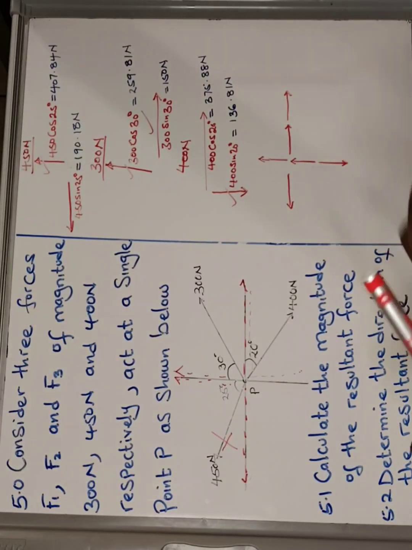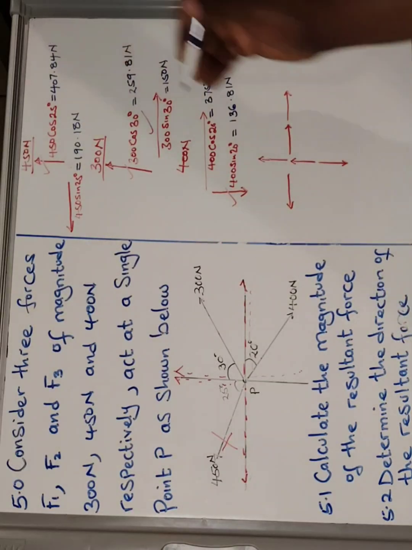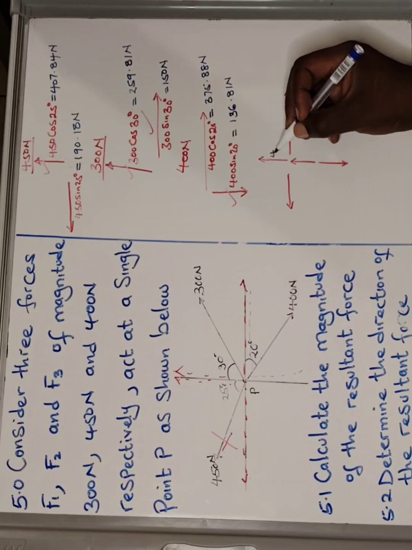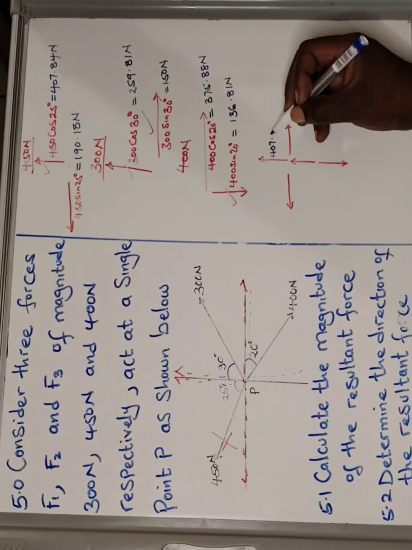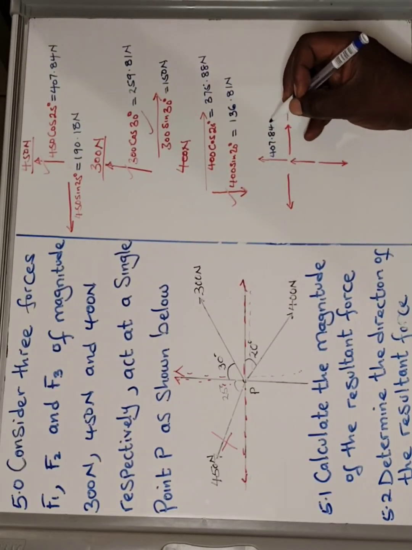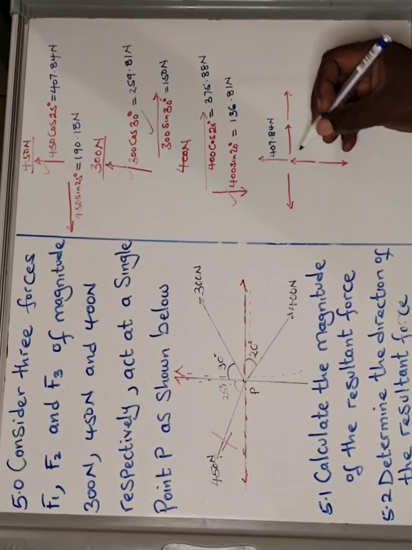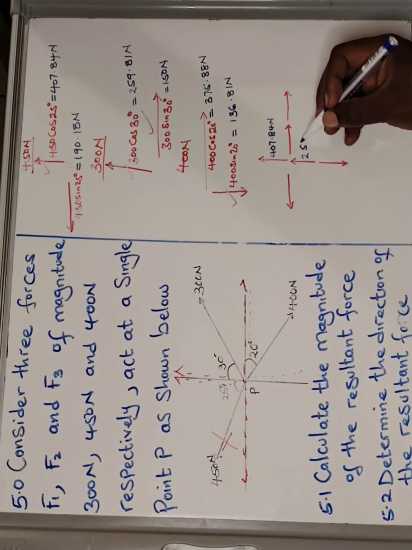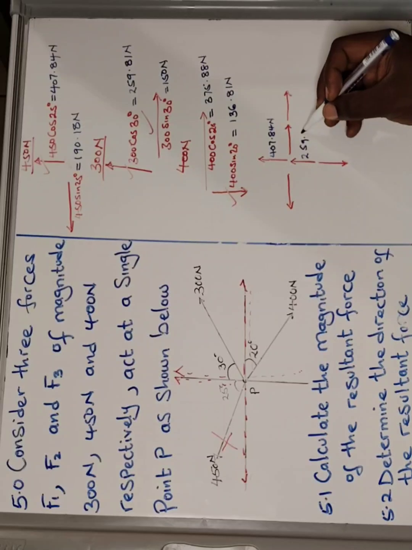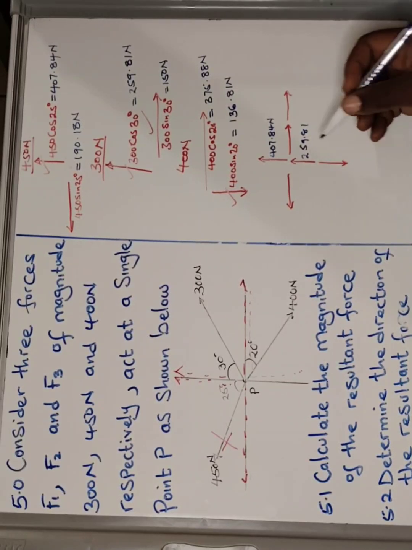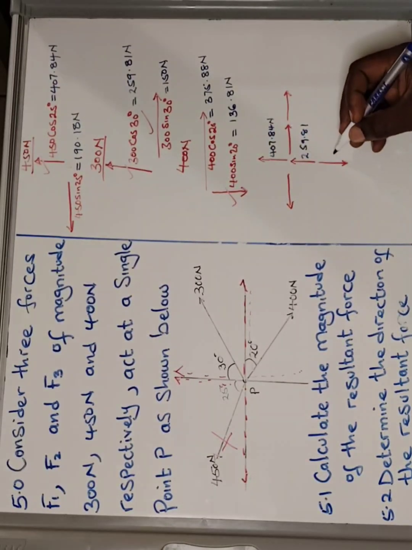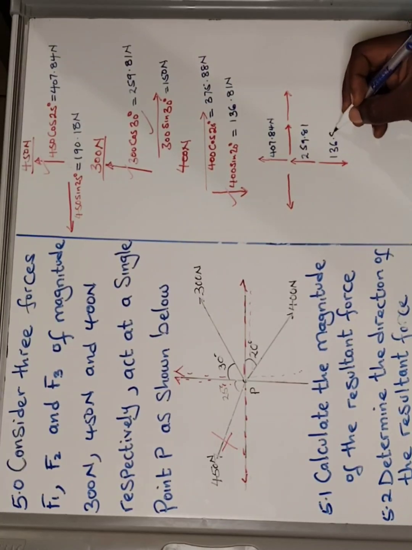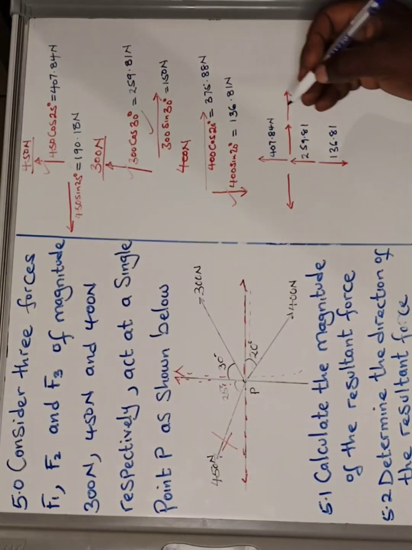So let us indicate their values. We started with this one, which is 407.84 newtons. And this one is 259.81. This one, it is 136.81.